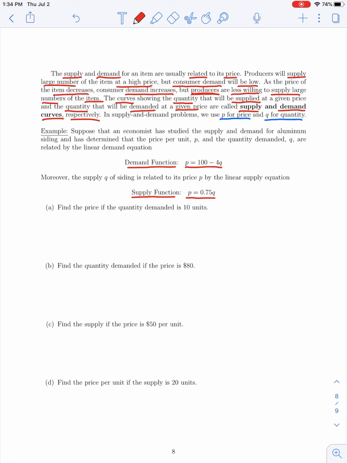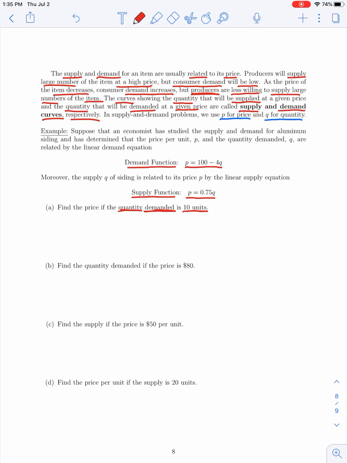So in part A, we are asked to find the price if the quantity demanded is 10 units. So here we're talking about an amount demanded, so we're going to make use of our demand function, and we're given the quantity. Q will be 10 units.